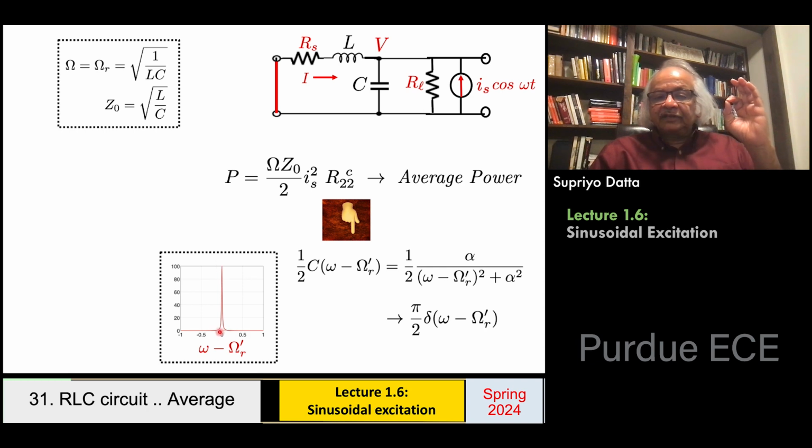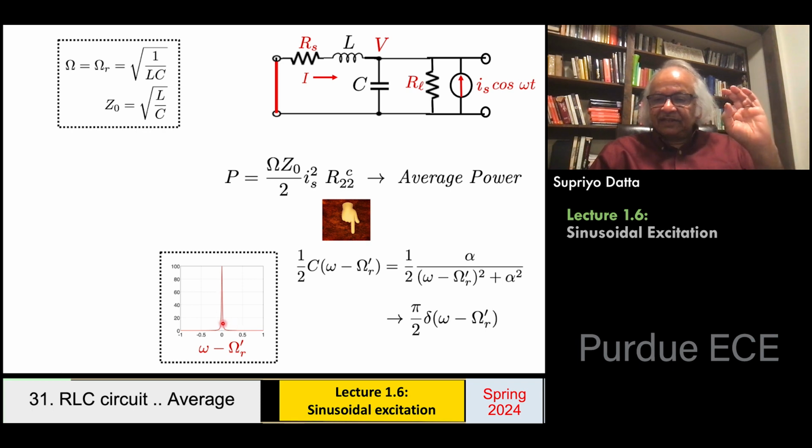But the width of this thing goes as alpha, because the bigger you make alpha, the broader this function looks. And so this function has the property of a delta function, that the area underneath stays constant. You can show that if you integrate that function over all omega minus omega r prime, the answer will be pi.